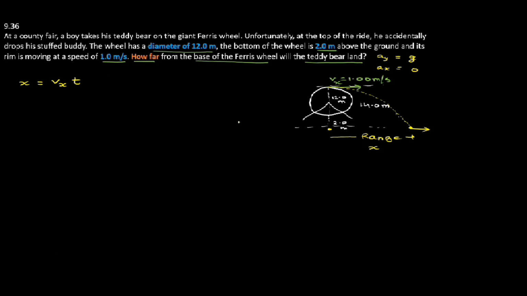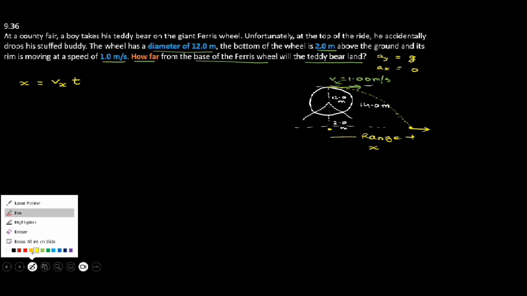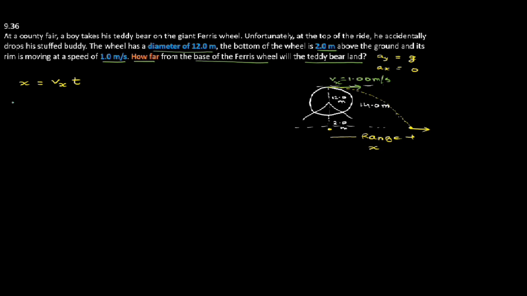So we are going to use the equations along the y-axis to find time t. I have been given the displacement along the y-axis, from what height the teddy bear is falling. The diameter of the Ferris wheel is 12 meters and it is 2 meters above the ground. So the teddy bear is falling a total height of 14 meters. So I can write the height h to be equal to 14 meters.